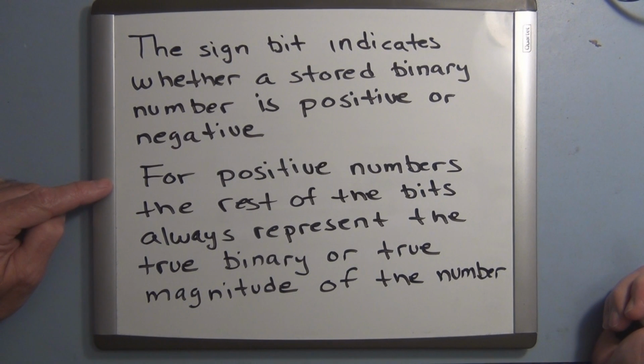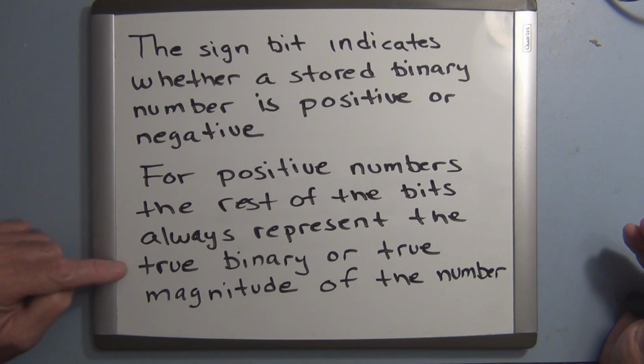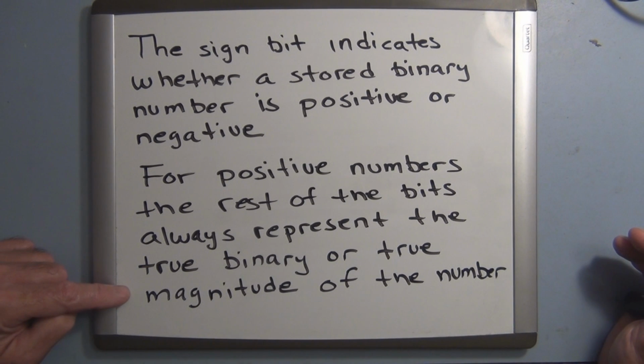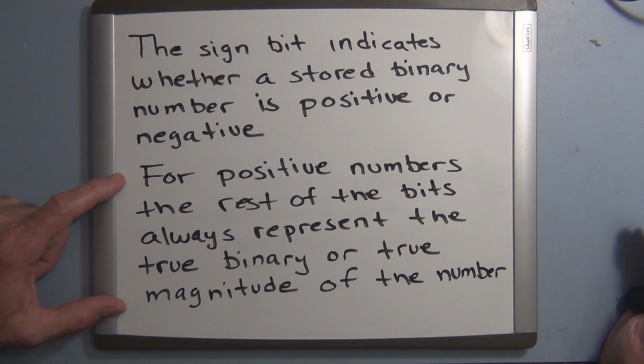For positive numbers, the rest of the bits, the magnitude portion, always represent the true binary or true magnitude of the number. And the reason I'm saying this is because for negative numbers, the magnitude portion can have 3 different forms.